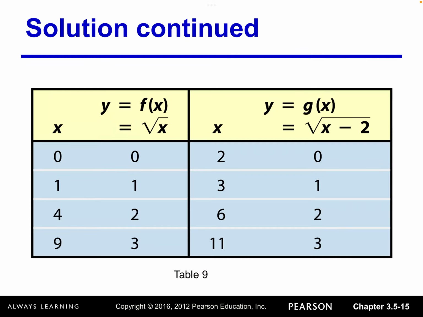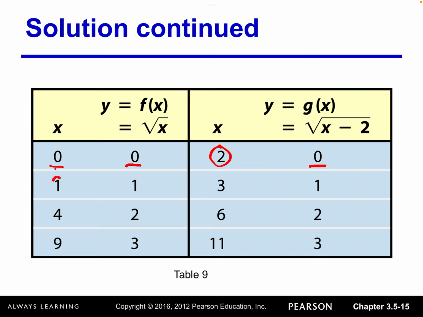We can also use a table to do the point comparison. For f of x, the point is 0, 0, right? Then the x coordinate moves to the right-hand side 2 units, so from 0 to 2, and the y coordinate remains the same.